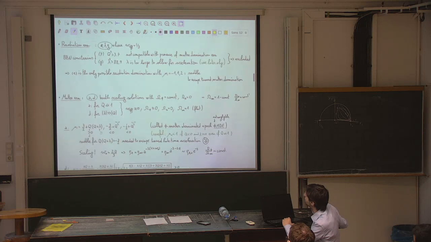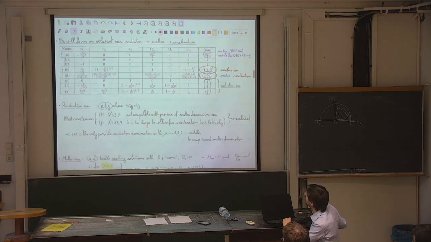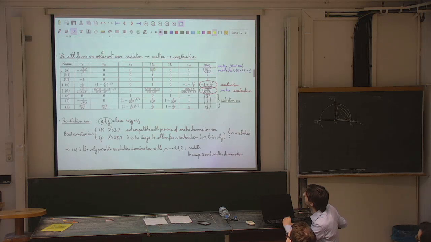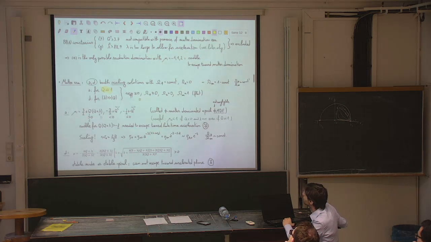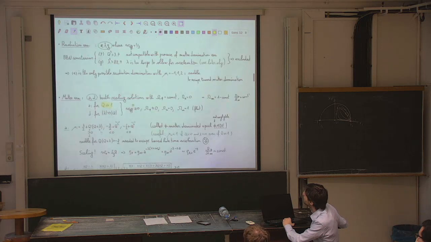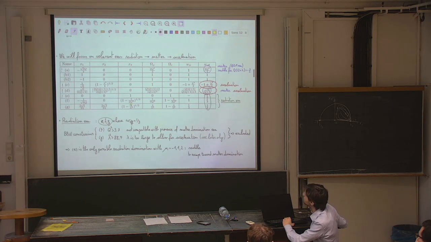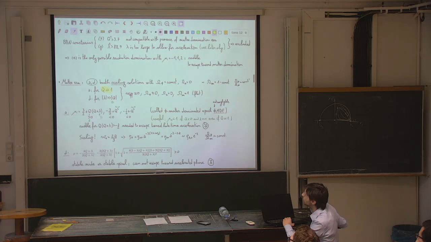For point A, if Q is very small, you see that this is negligible, and therefore it's matter domination. That is what we need. If we are looking at the point D, then lambda must be very large, much larger with respect to Q. You see there is this contribution of lambda, so we must have this ratio, this balance, fulfilled.